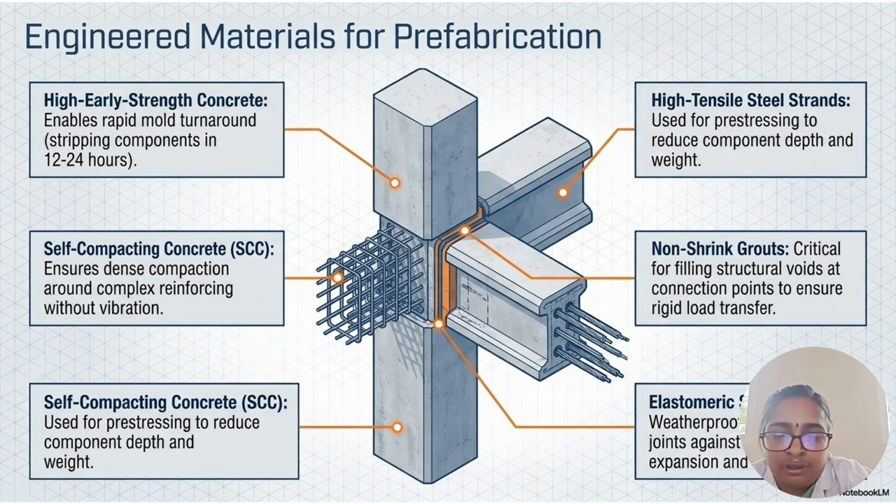Elastomeric materials are used as weatherproofing in joints, and also help in expansion and contraction. The materials mainly used are RCC, steel rods and meshes, and elastomers, and grouts are used in the case of joints.